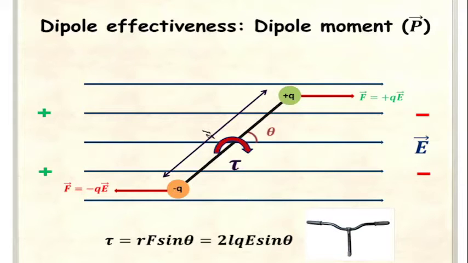You are seeing this figure, a couple of forces will act, which means torque is produced. Due to torque, the dipole rotates like a cycle handle. You know torque is r cross F, so it depends upon the charge separation and the quantity of charge. The more the separation or the more the quantity of charge, the more the torque, and that will be more effective.